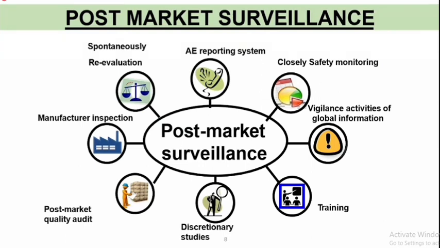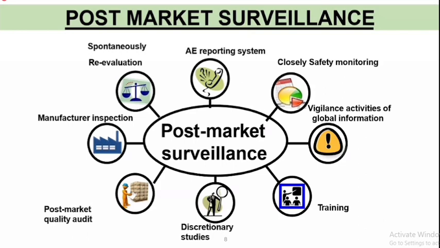So this diagram basically includes all the important aspects of the post-market surveillance mechanism. First is the adverse event reporting system, which was broadly discussed by our previous speaker. Next is the vigilance activity of global information.